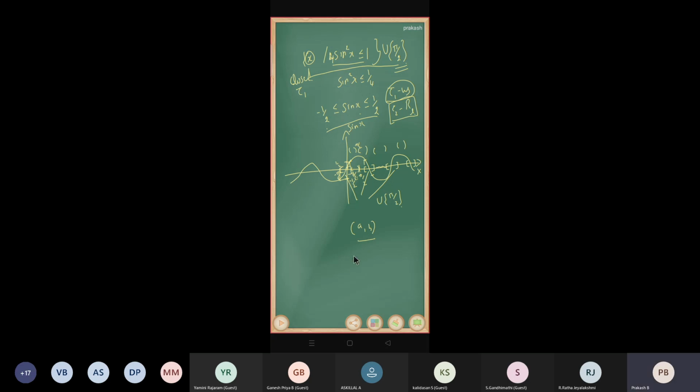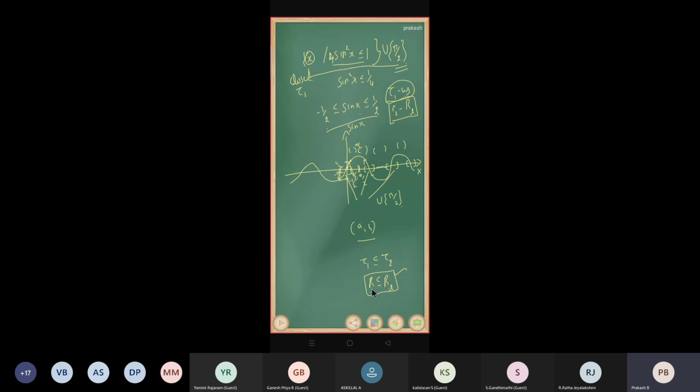In future we are going to show that the usual topology is coarser than the lower limit topology, right? R is contained in RL. In future we are going to show that. I'm going to use this result, that is, R is contained in RL.